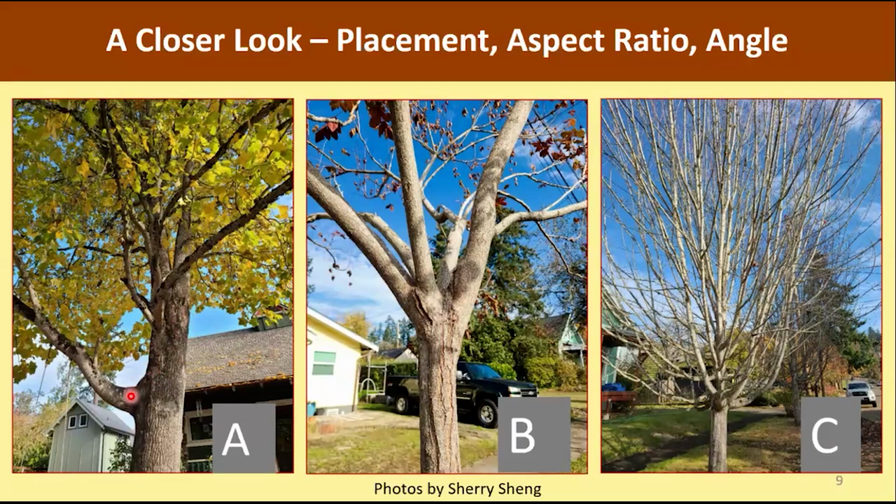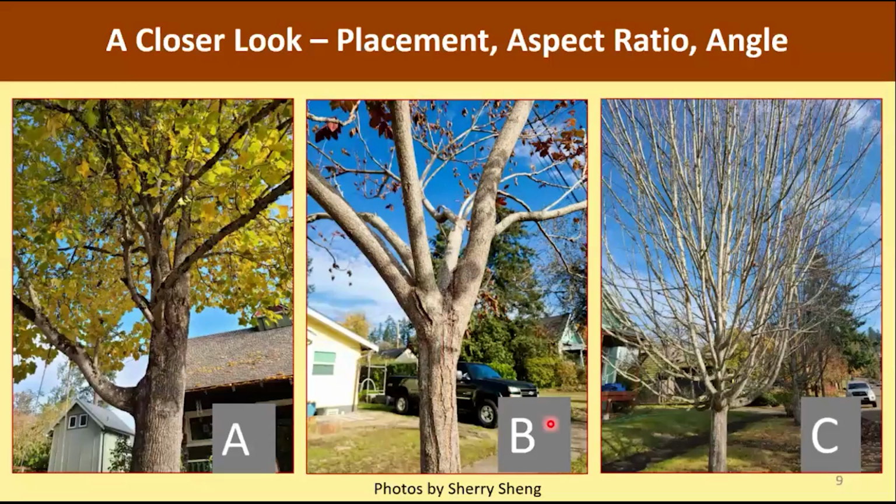Branch angle: lower down, these are reasonably good wide angles, but I see a problem here. See the very narrow angle that forms a V? And aspect ratio: pretty good down below, smaller branches connected to the larger trunk, but here we have what seems to be a codominant situation. That's a problem.